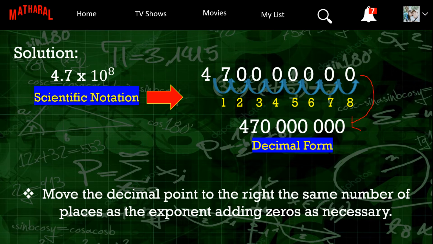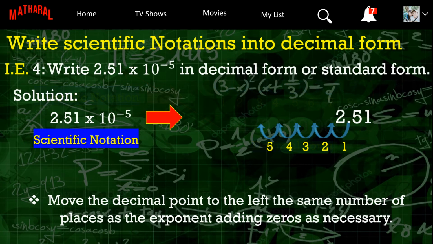Okay? So, 470 million in decimal form is equivalent to 4.7 times 10 raised to 8 power. That is the exact answer. So, let's proceed.